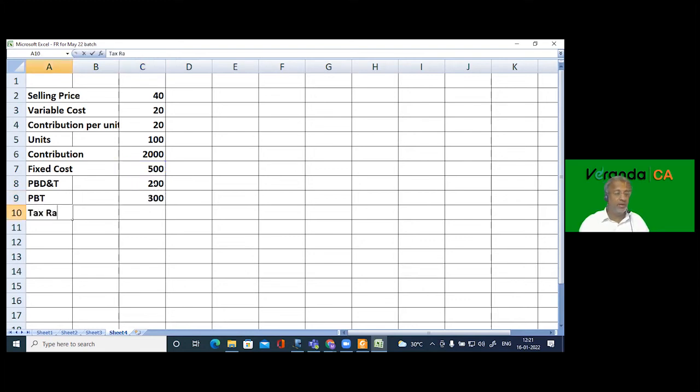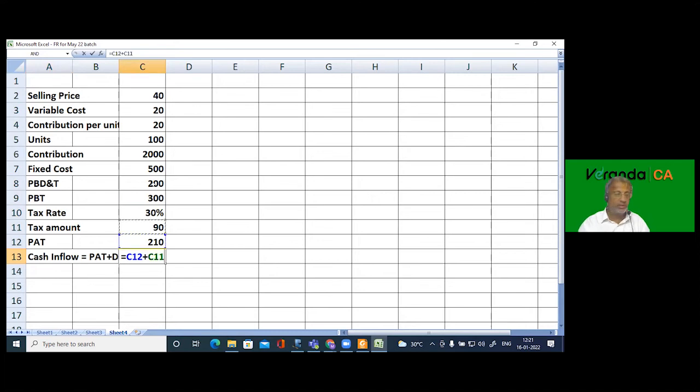Tax rate 30%. Tax amount. Profit after taxation, 300 minus 90. Cash inflow, which is equal to PAT plus depreciation.